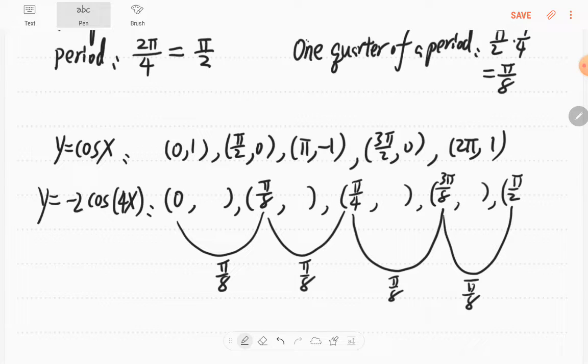So this is the one period, right? So now what about the y coordinate? We multiply by negative 2 on the y coordinate. So it's negative 2 here, 0, negative 2, 0, negative 2.